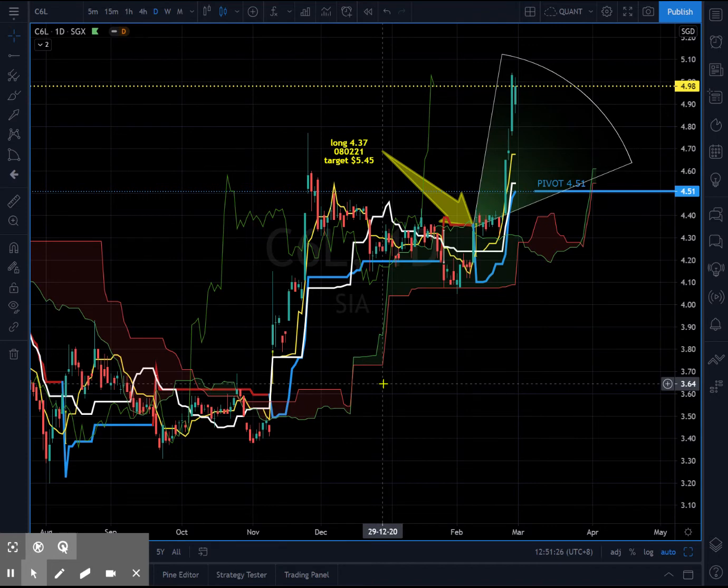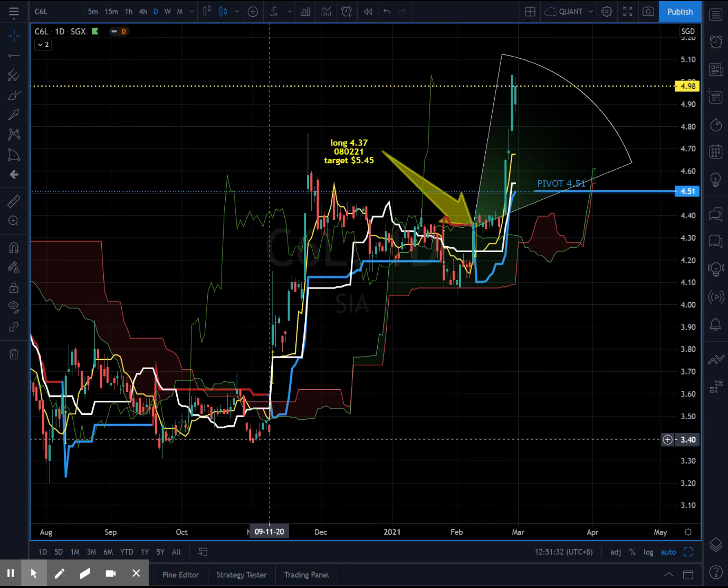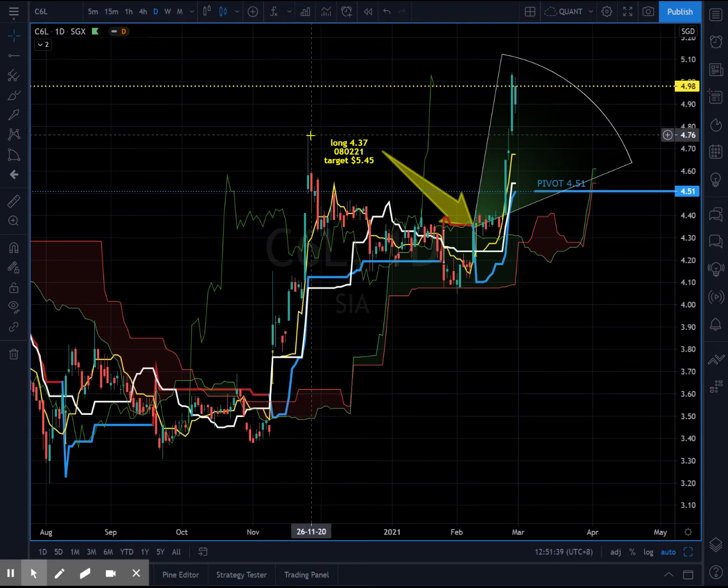Moving on to the daily charts, November had a nice long signal on the 9th of November 2020 at a level of $3.60. It touched $4.80 on the 26th of November.